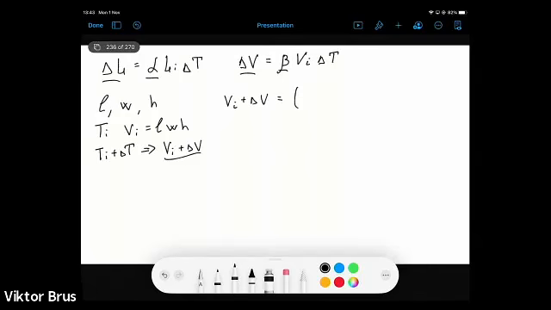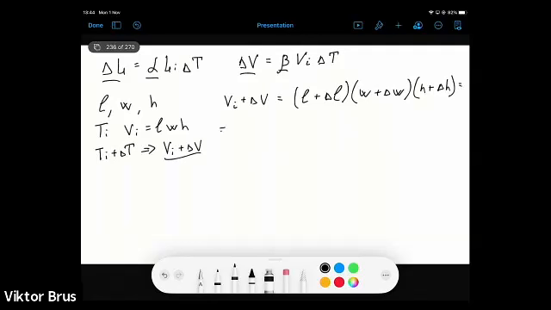How can we quantify this new increased volume? We can write that this will be the product of L plus delta L, times W plus delta W, times H plus delta H.